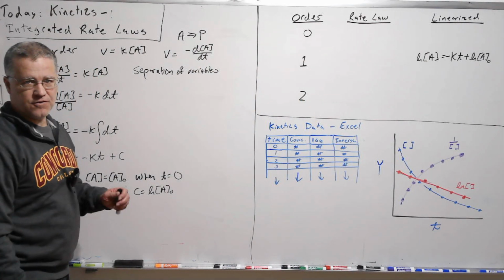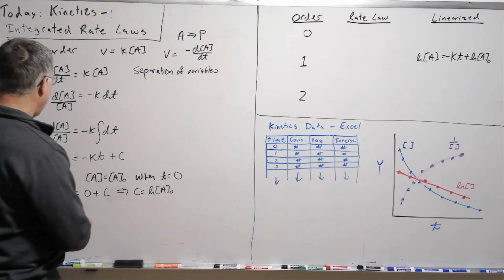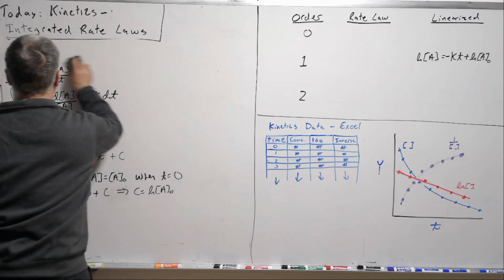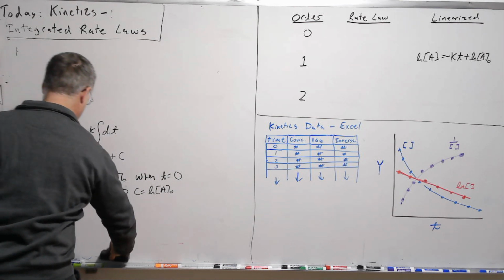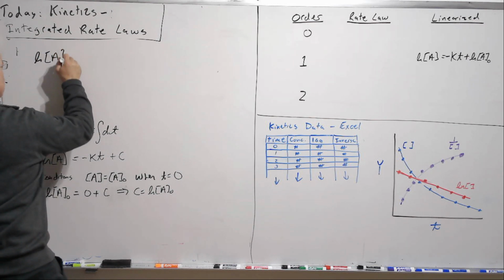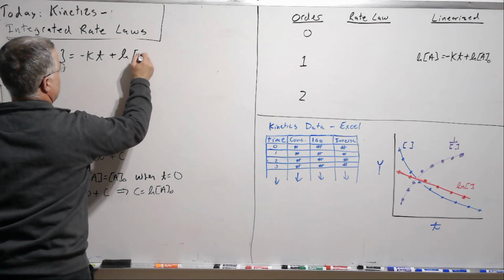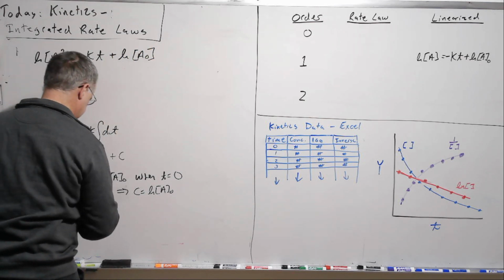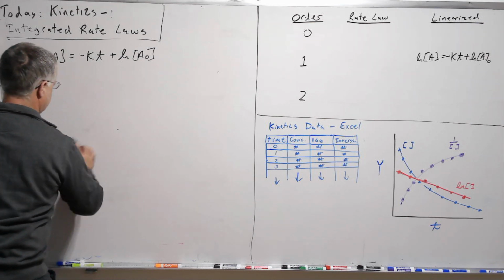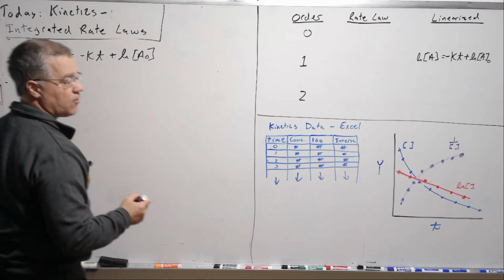But let's go ahead and get the full integrated rate law by solving for A. So let me erase up here, and start with this. Now, how are we going to solve for A?